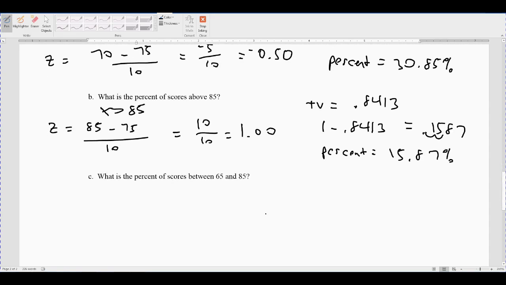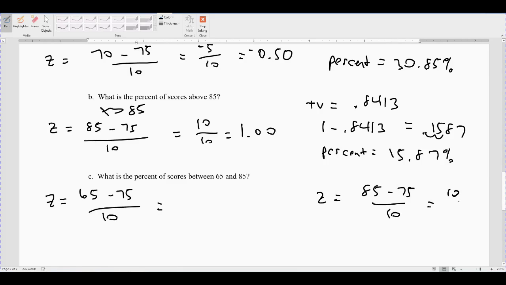And then the last example is a betweener. So once again, we do the z-scores for each in this case. So 65 minus 75 divided by 10, and then for the 85 it would be 85 minus 75 divided by 10. That one's easier. It's 1. We already have the table value for that one because we've already done it up here. We found it to be 0.8413.